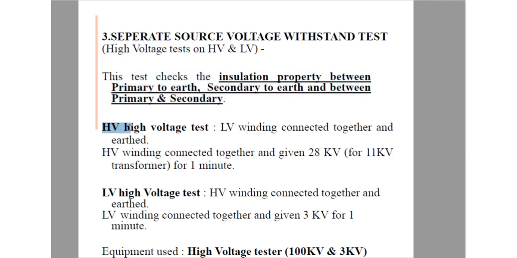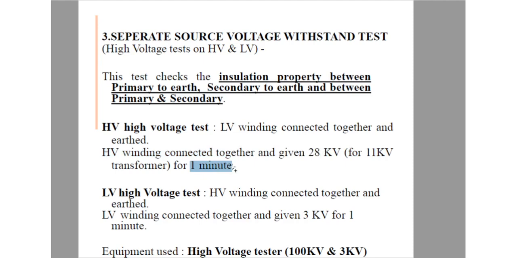For high voltage test, we have to make low voltage winding connected together and it should be earth. So high voltage winding connected together and given 28 kilovolt for 11 kilovolt transformer for 1 minute. So this voltage should be withstand for this amount of time.